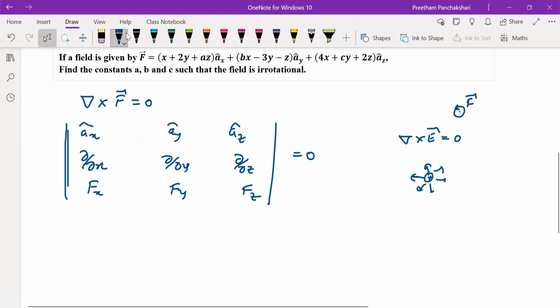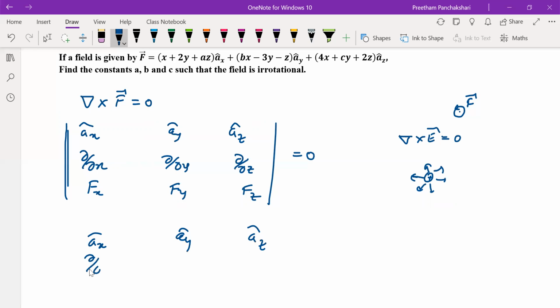In the next step, let us copy all the components into this determinant. AX, AY, AZ. Then dou by dou X, in place of Fx, which is given in the problem: X plus 2y plus AZ.